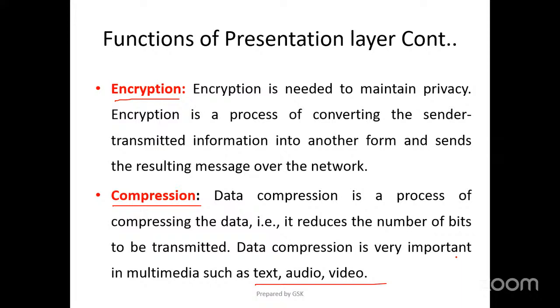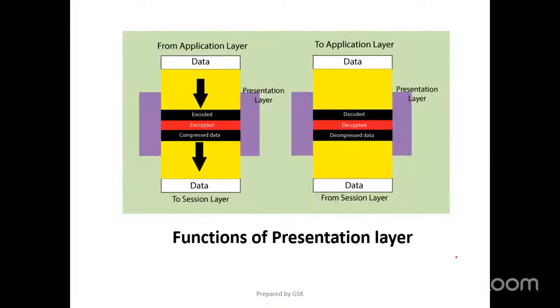So this compression is the responsibility of the presentation layer. The layer above the presentation layer is the application layer. From the application layer, the presentation layer first receives the data at the sender side.